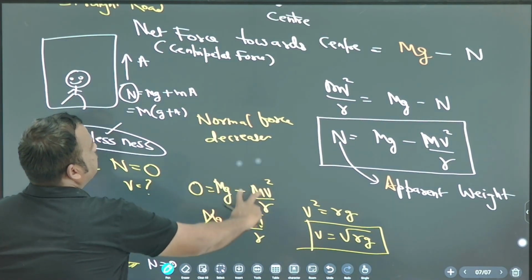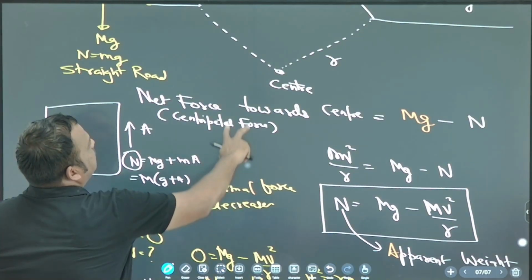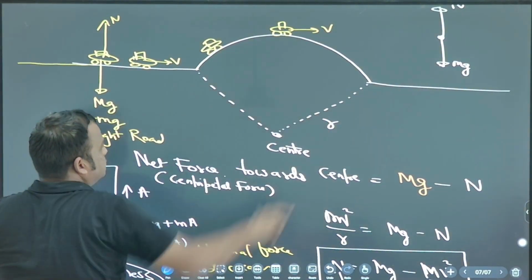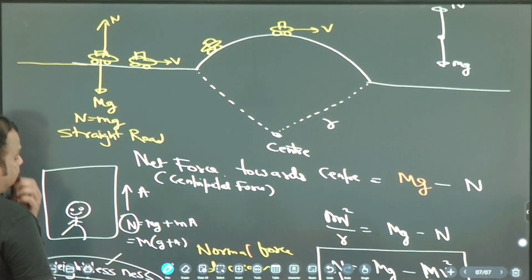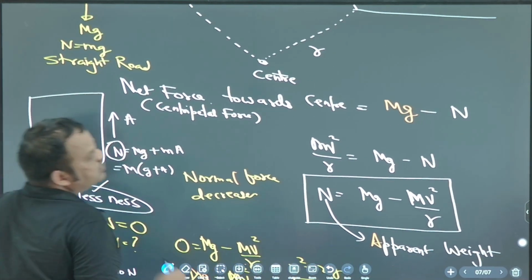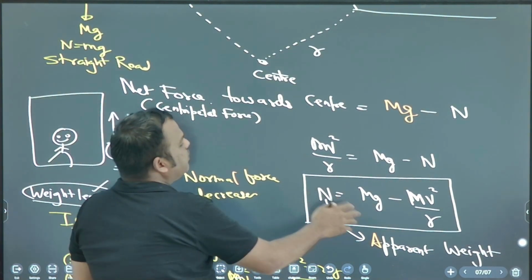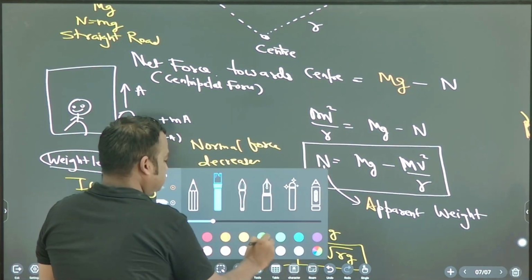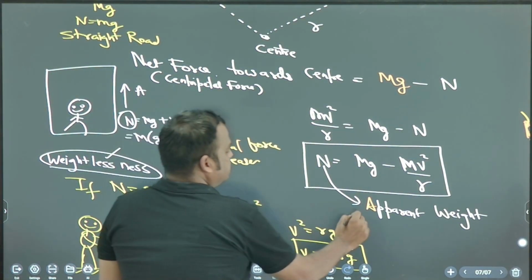Square root Rg. Okay, so this is known as speed breaker or speed bump. Tell me, apparent weight. What is the actual weight? Mg.